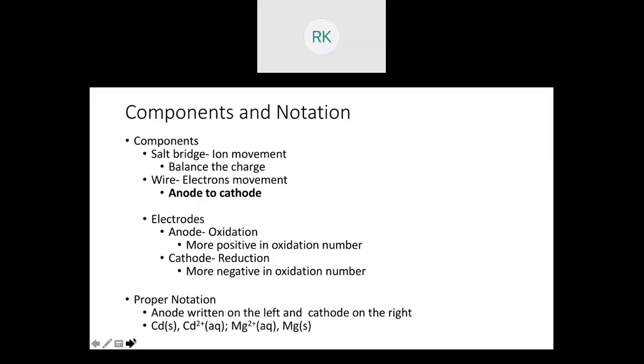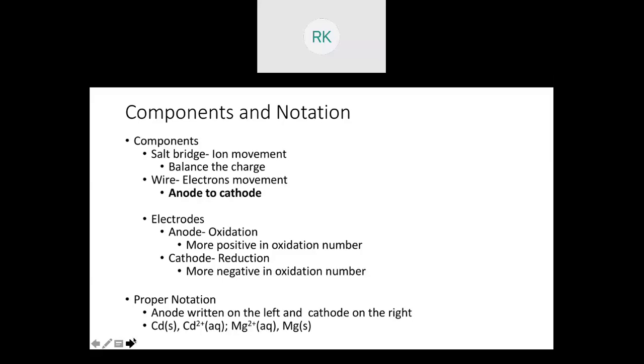The cathode is where reduction occurs. And again, these both start with a consonant, which kind of helps me remember that. Okay? And what's reduction? Reduction is when you become more negative in oxidation number, right? So you might go from positive 2 to 0 in oxidation number. And again, I remember that by just saying reduced is becoming more negative, and so reduction becomes more negative in oxidation number.